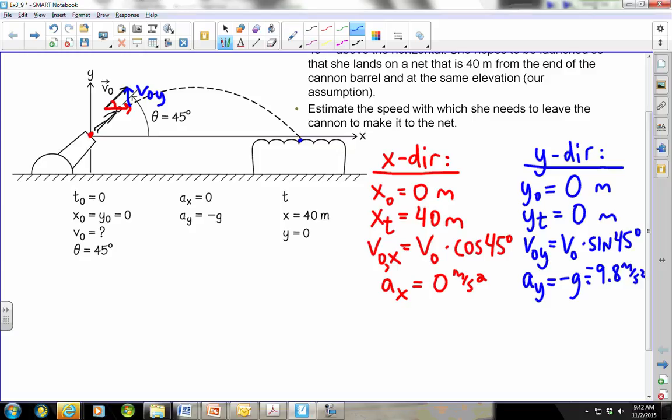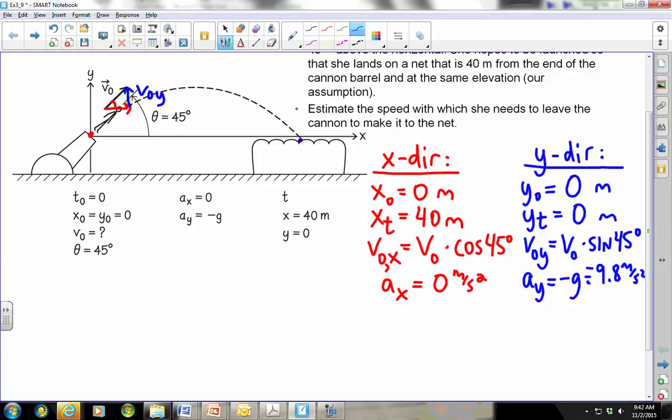What they have in common is the angle, the initial velocity, and the time. So if we want to know the speed she needs to come out of the cannon with, the first thing we could do is find time, because we can't solve for v sub 0 without knowing that first. Gravity is what's going to make her fall down at the time she does.